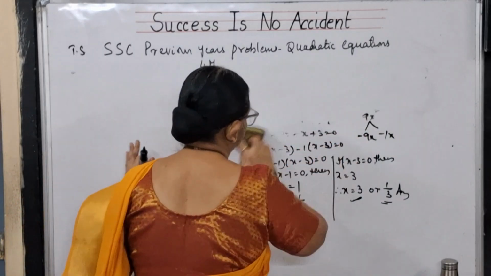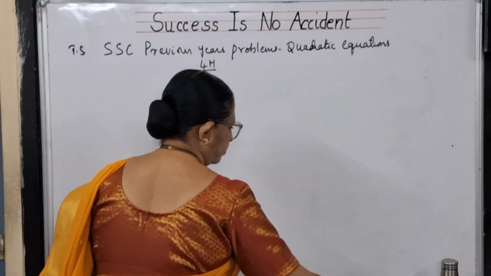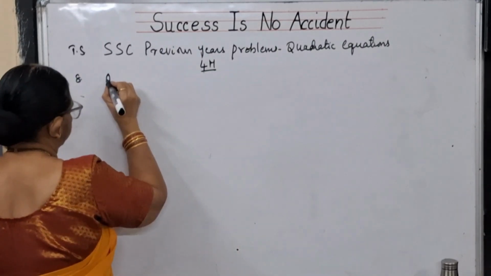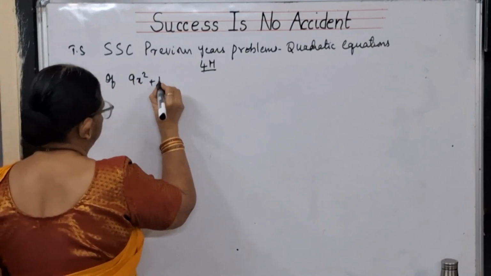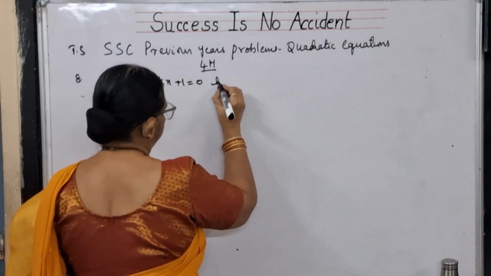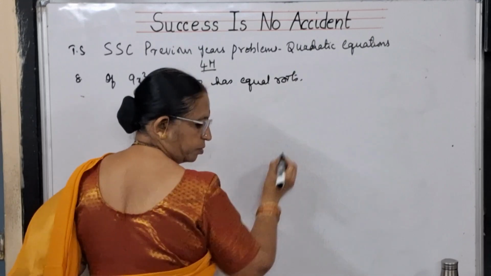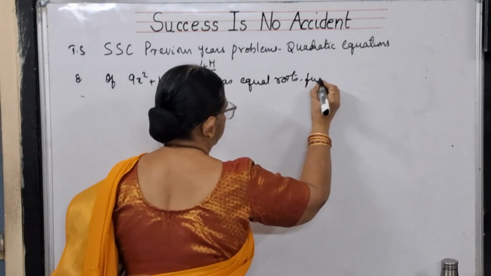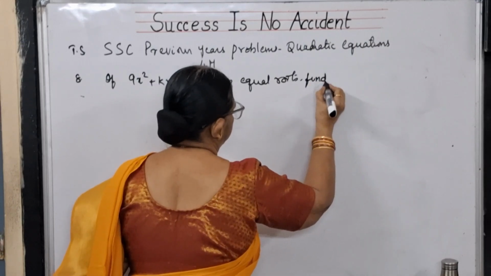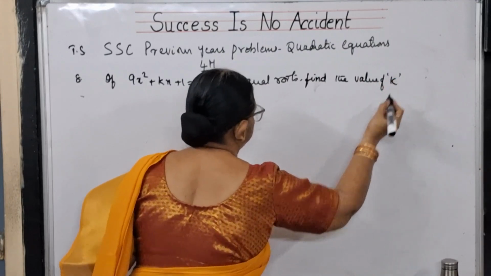Now, eighth problem. If 9x square plus kx plus 1 is equal to 0 has equal roots, find the value of k.